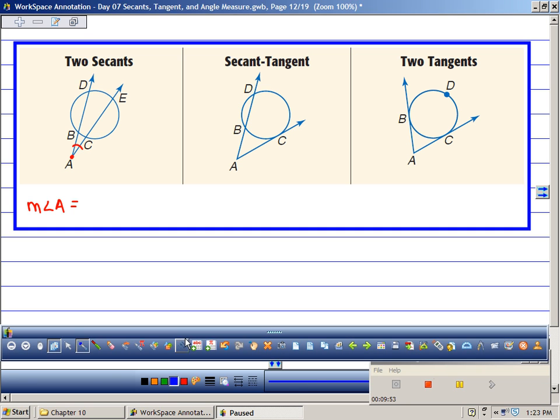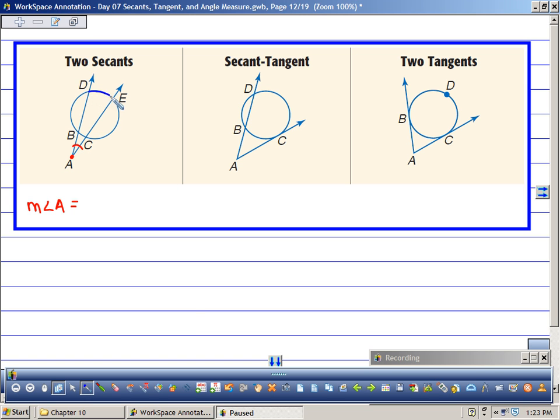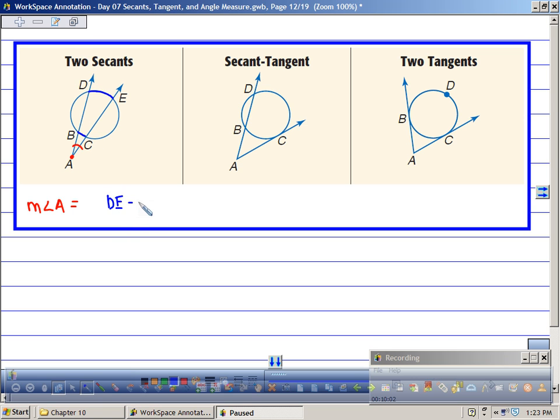So how these relate is this. If I take DE and subtract BC, DE minus BC, then what? What do you think? Take a guess. Half it. It's half of the difference between the two.